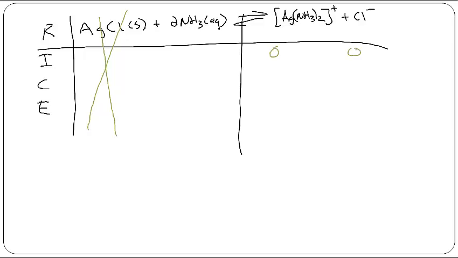What do I put in here? 1. So as this reaction happens, I lose 2x here, I make x, and I make x here. So I have 1.0 minus 2x, and I have x and x.